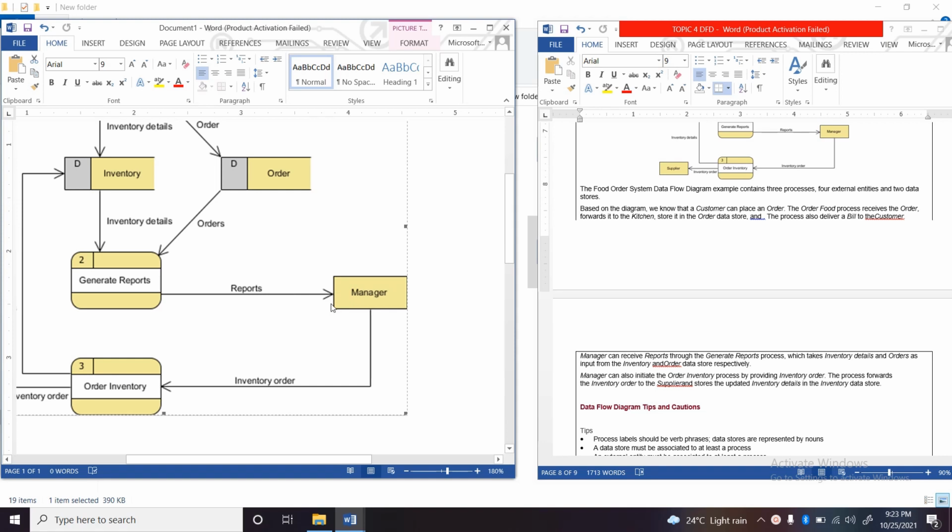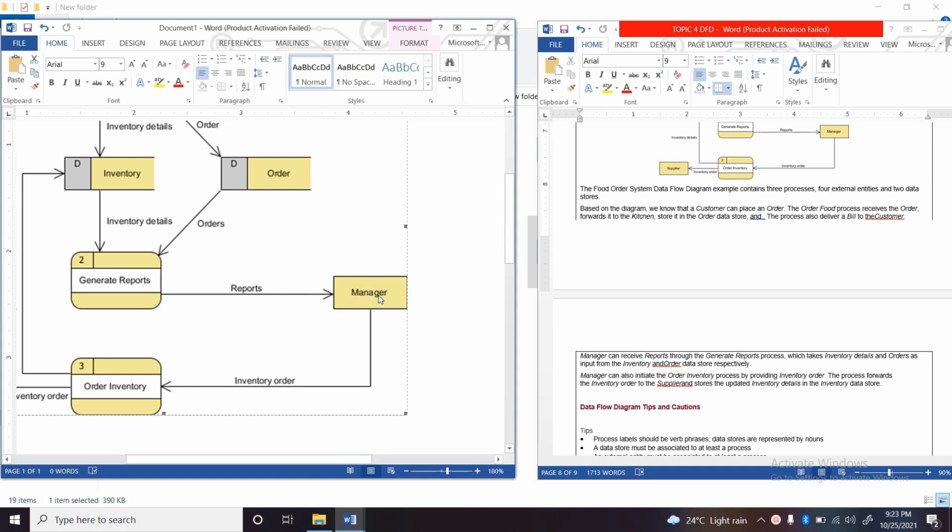For example, yung mga report na yung monthly na profit nila, yung mga transactions nila. So, those are examples of reports. So, from the generate reports process, papunta siya sa manager kasi magbibigay nga siya or magpiprint out siya ng mga reports or ng mga files later on.